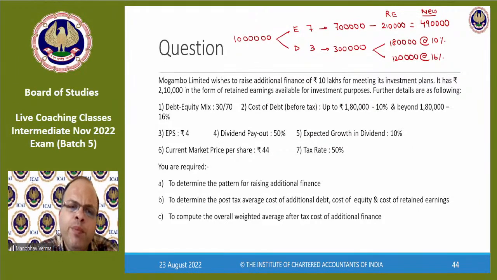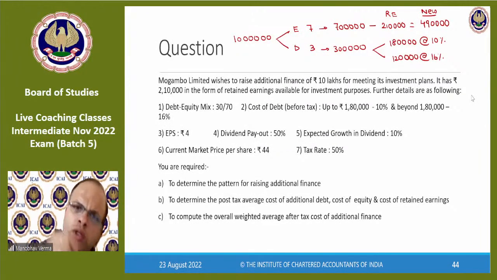To determine the post-tax average cost of additional debt, cost of equity, and cost of retained earnings. So let's first calculate additional debt, guys. You know what to do, right? We have to calculate the cost of each debt after tax.